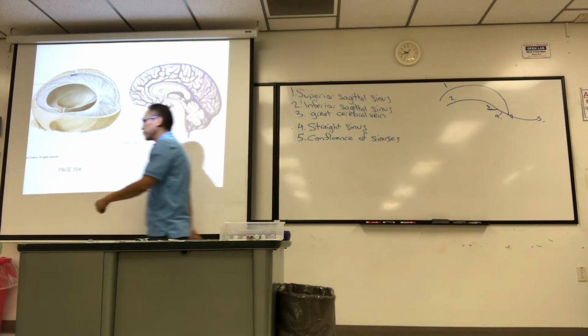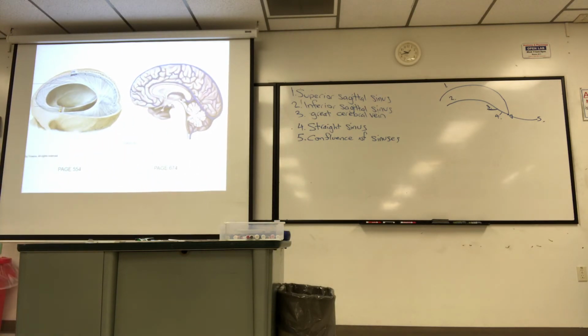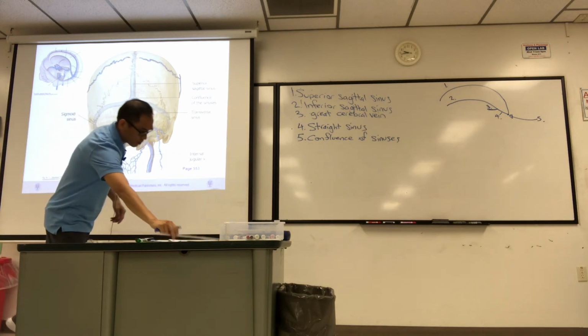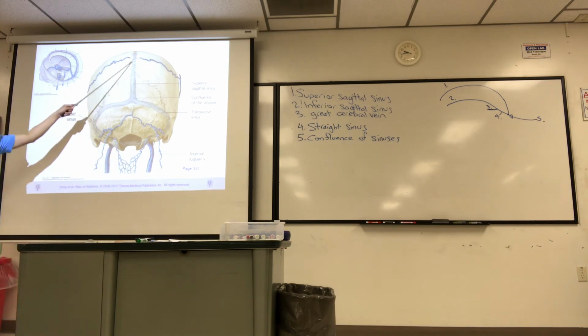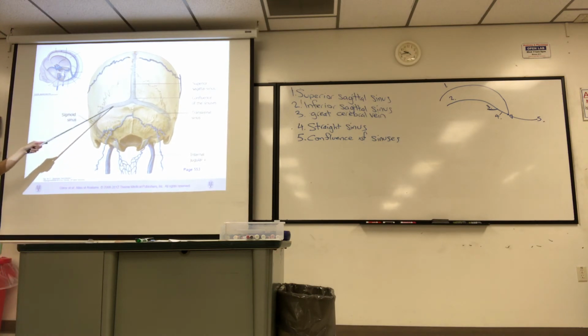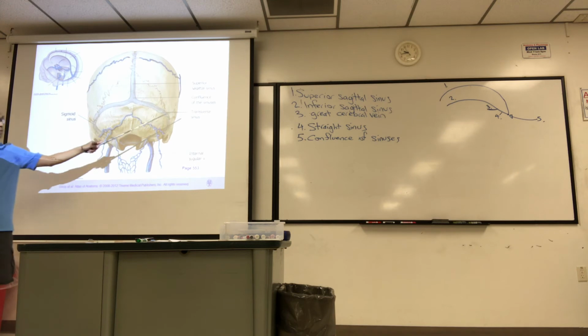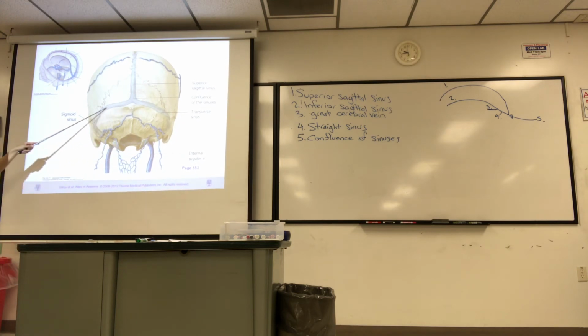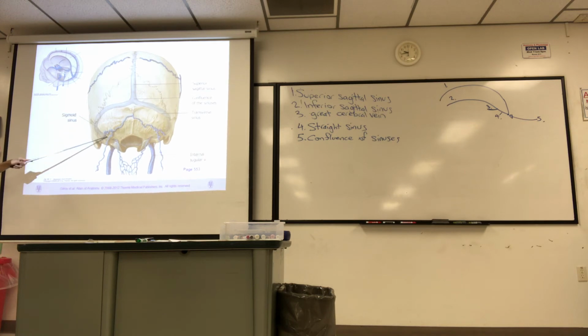Let me show you other pictures. Here's a posterior view so we can see the confluence of sinuses better. Do you see how the superior sagittal sinus comes off and right there, confluence, and branches off side to side? That's what I'm talking about, transverse sinus. As it goes down the skull, it makes an S-shaped turn.